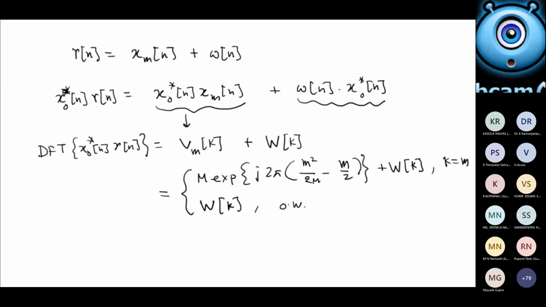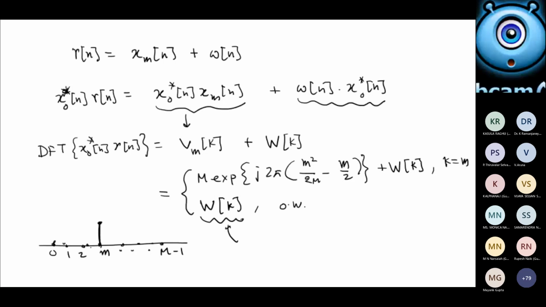So it is telling us that the final DFT sequence that I will obtain is, suppose this mth symbol was sent, then this mth sample will have a value with a certain mean and a certain variance. All other samples would be zero mean values because this quantity W of k is a zero mean random variable.